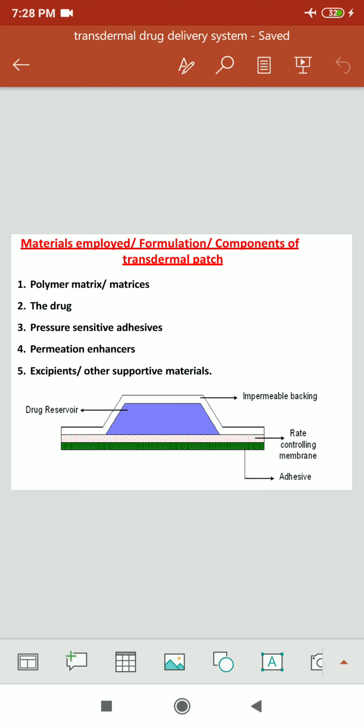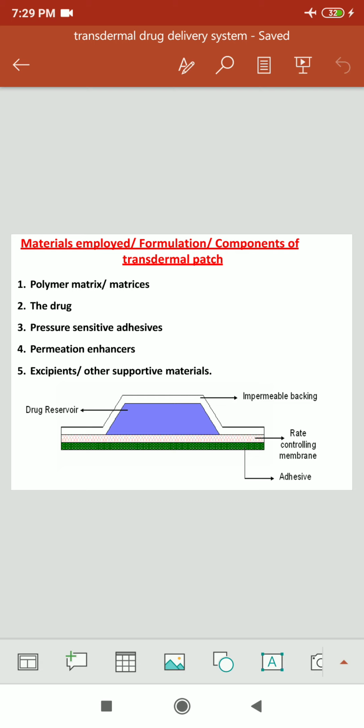Next are the materials used in the formulation of transdermal patches. First is polymer, next is drug, third is pressure sensitive adhesive, fourth is permeation enhancer, and fifth is supportive material. In the figure, the last green layer is the adhesive material.